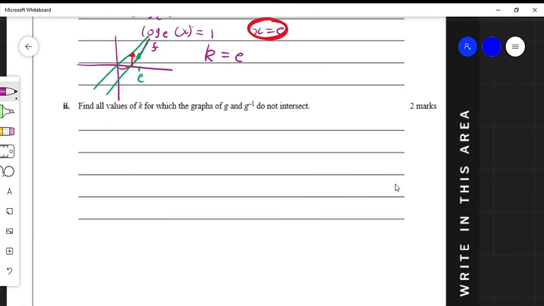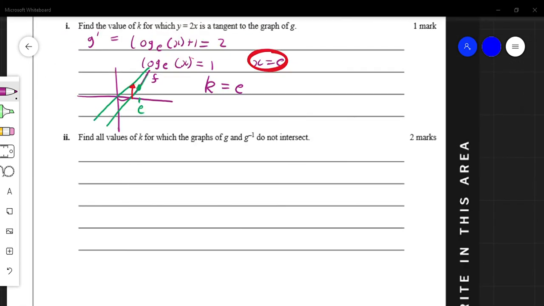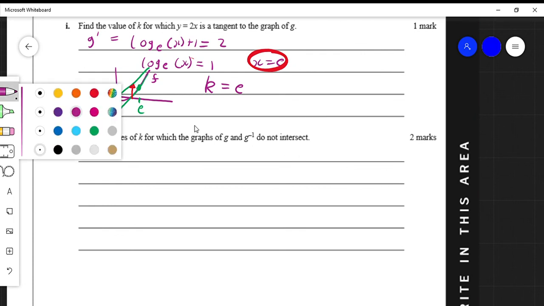Okay, so moving on to the final question, we're finding all the values of k for which g and the inverse of g do not intersect.